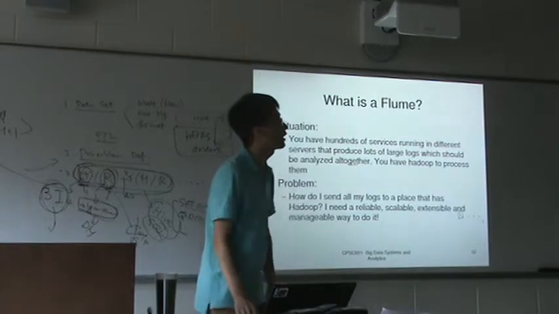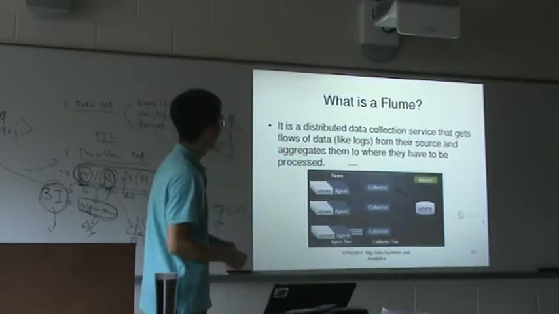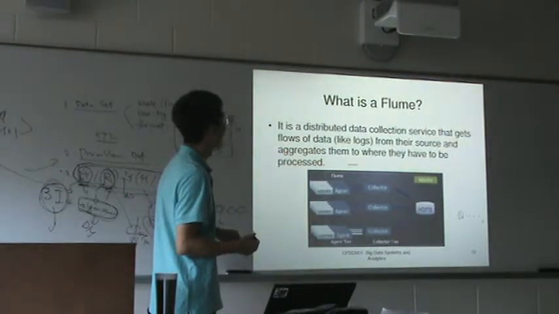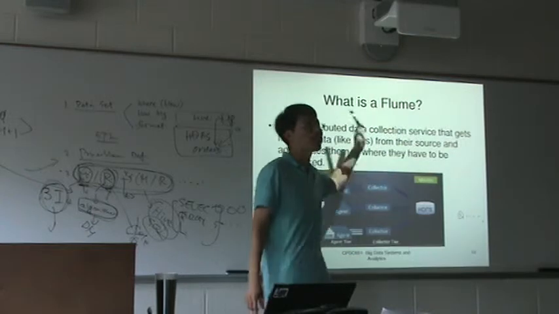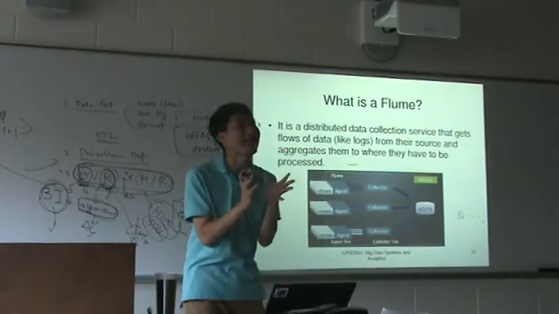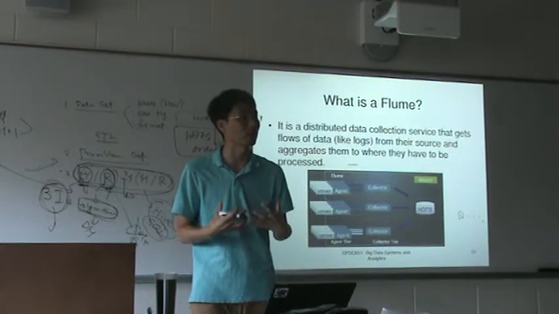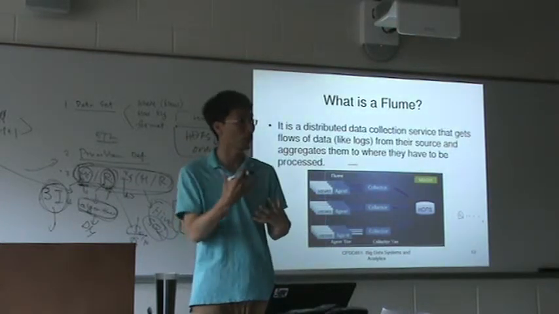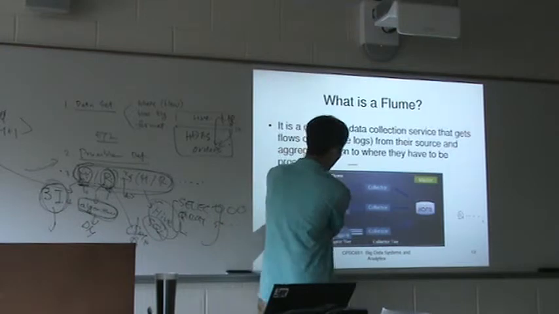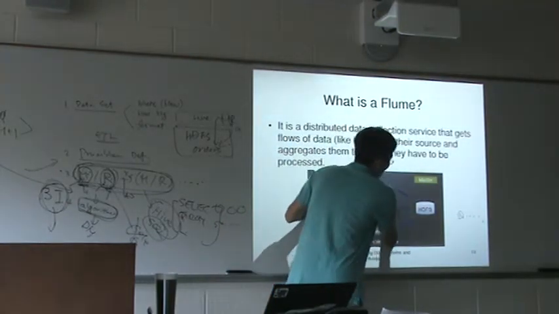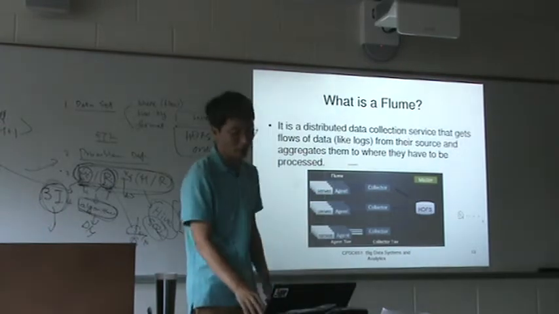Then log data. So there is Flume. It's kind of a distributed data collection service. Okay, so which means there is an agent for each source of the data, and also there is a collector. It's a kind of component, which means that there are many agents, then one collector gets the data, and the collector will send the data to the HDFS.